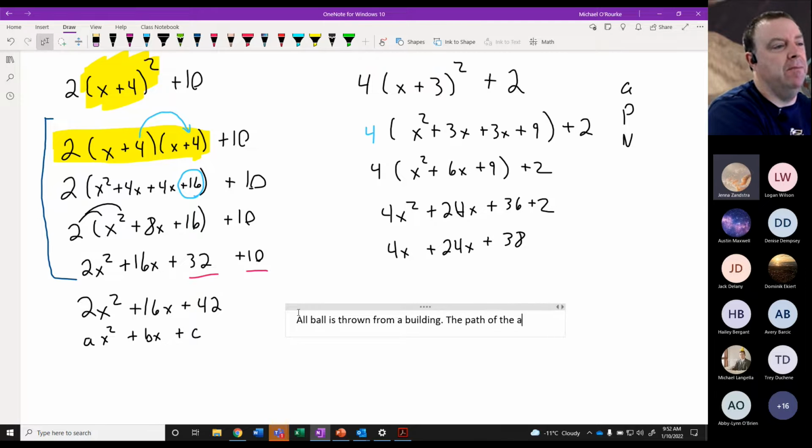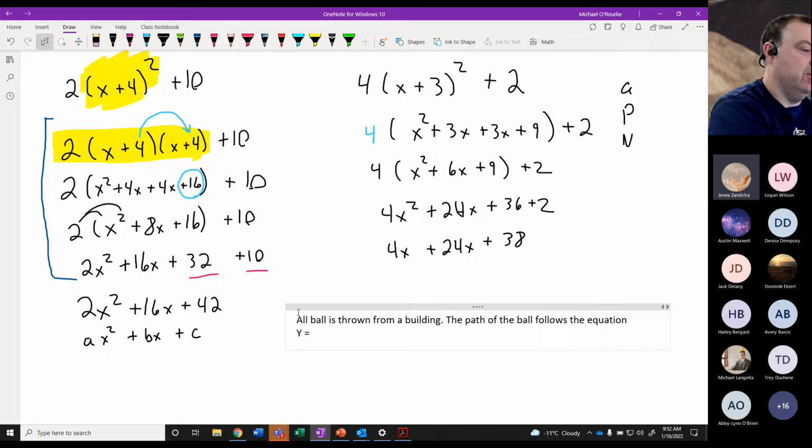The path of the ball follows the equation y equals, let's go like negative 2 bracket x minus 5 squared. I'm just going to do this for squared right now.